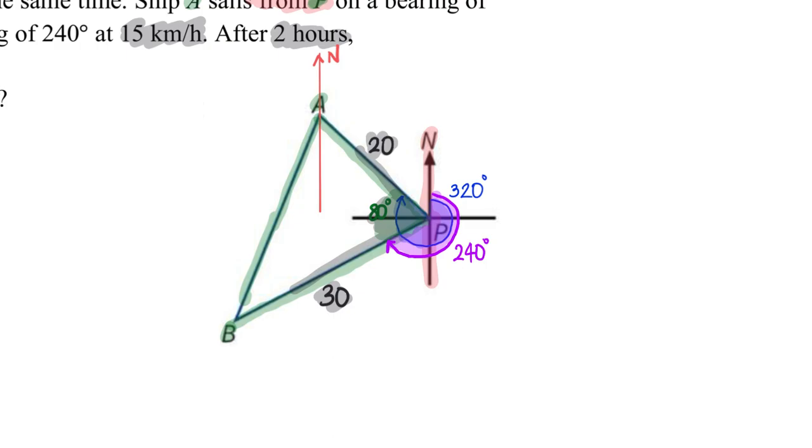So starting from the north arrow in a clockwise direction, all the way until here, this is the bearing that we are required to find.